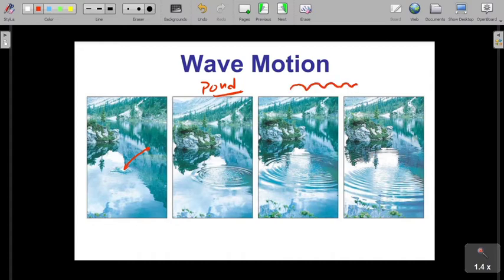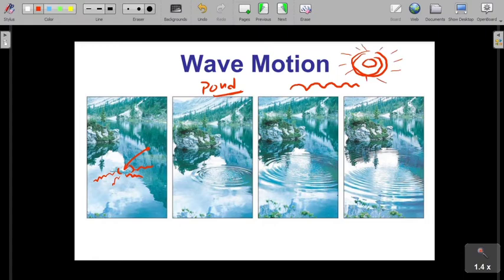When we throw the stone here, a vibration passes in a circular way. First it starts like this, and then it spreads.